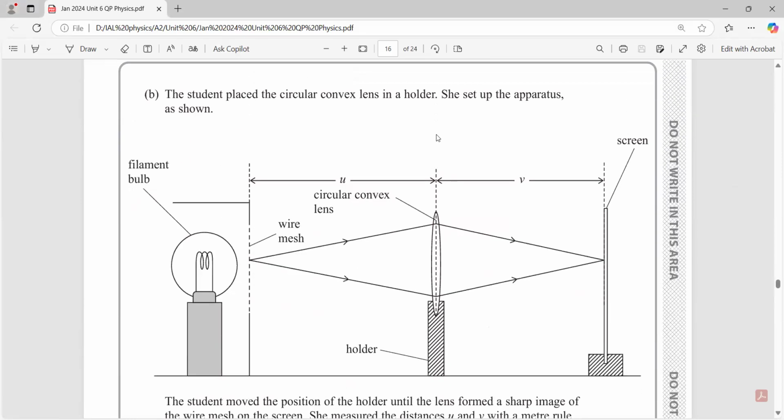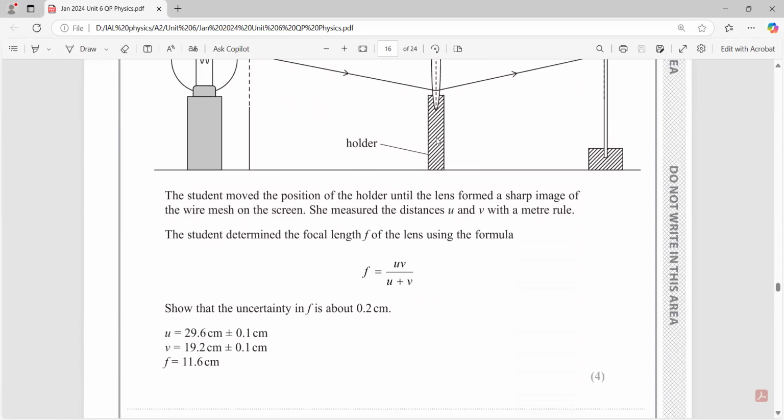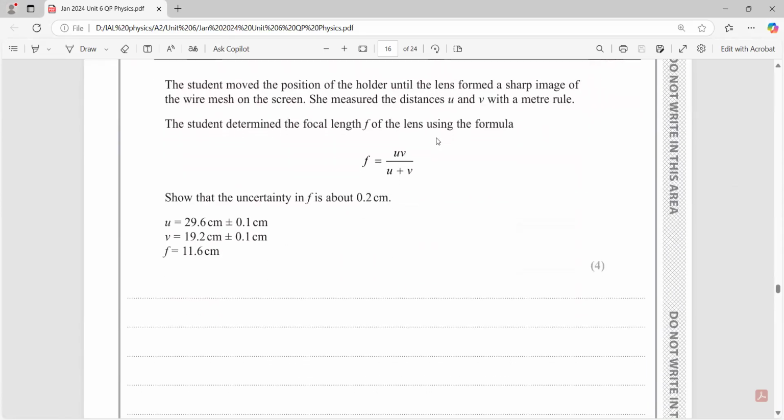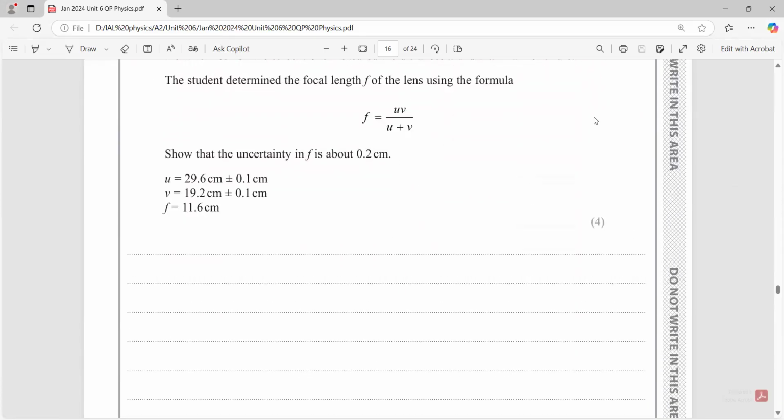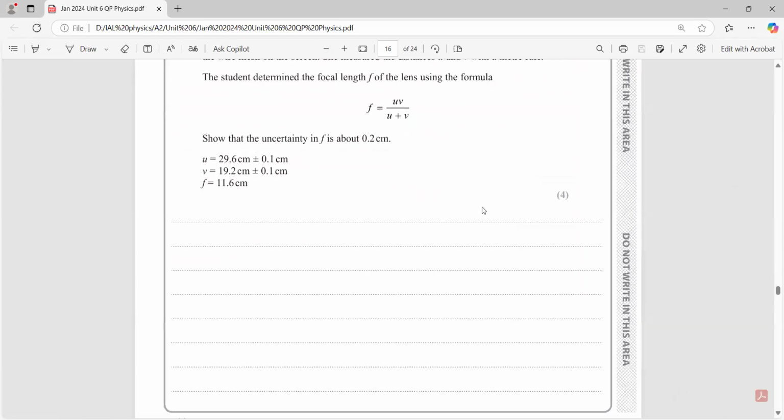The next one: U and V are measured by using a lens. Show that the uncertainty in F is about 1.3%. So how to work out the uncertainty? Look, first these two are a product. When two quantities are multiplied, we add the percentage uncertainties.